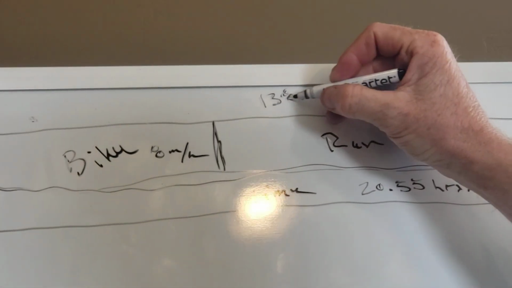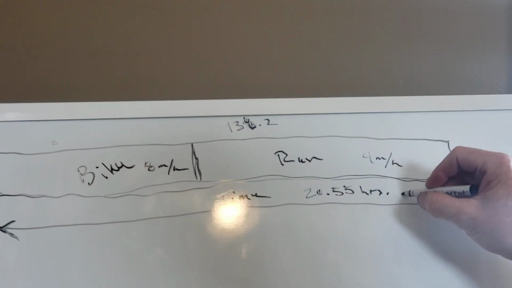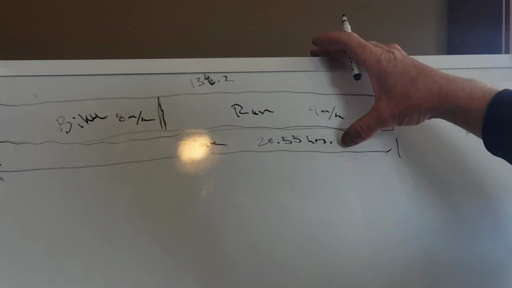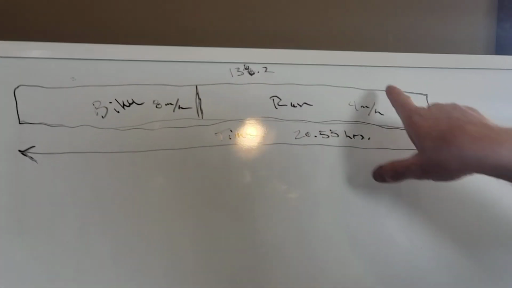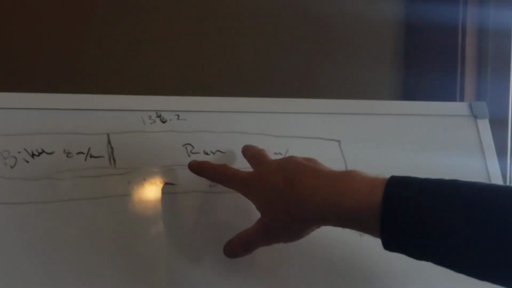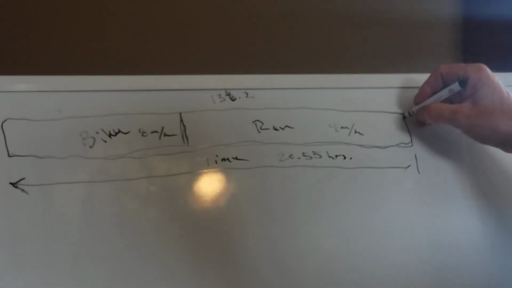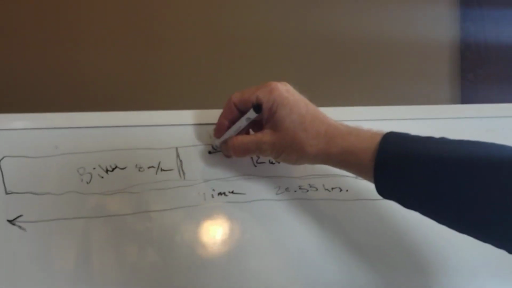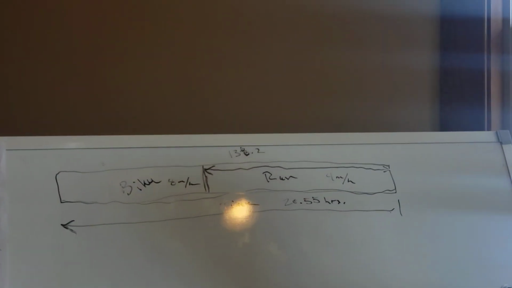We're given the total hours and the total distance, and then these ratios, which are miles per hour on both. So what we want to know is what proportion of the time or distance one or the other took.